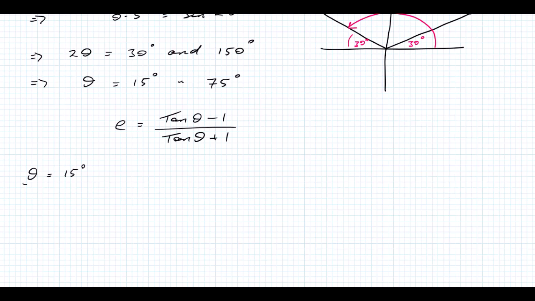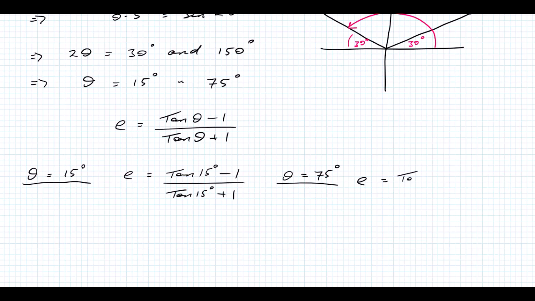That means e is equal to tan 15 degrees minus 1 over tan 15 degrees plus 1. And also our theta can be 75 degrees. So that will give me e is equal to tan 75 degrees minus 1 over tan 75 degrees plus 1.